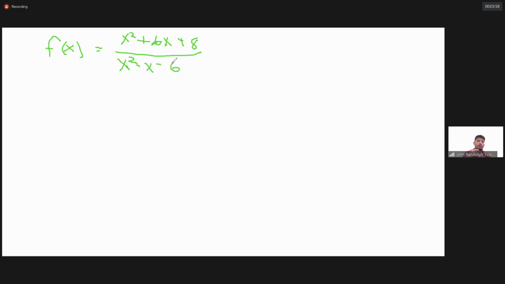Now, what are the steps in finding the zeros of a rational function? So first, we are going to factor the numerator and denominator.